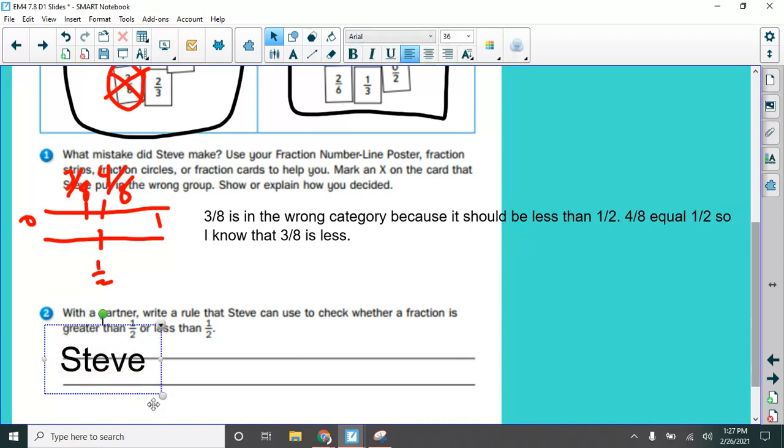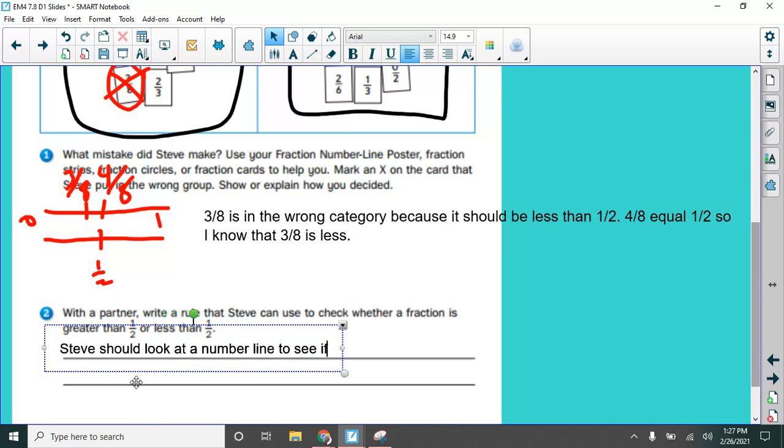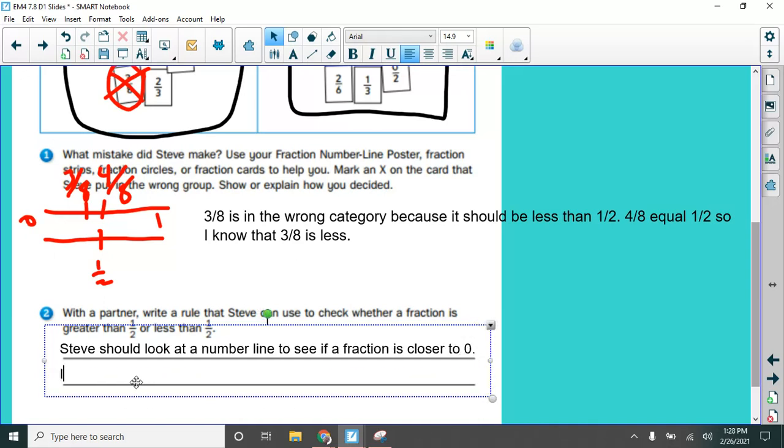Steve should look at a number line to see if a fraction is closer to 0. If it is, it's less than 1/2. Now, of course, if it's closer to 1 than 1/2, like we've talked about recently, then that would be greater than 1/2.